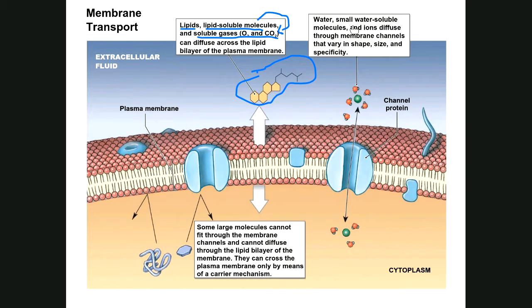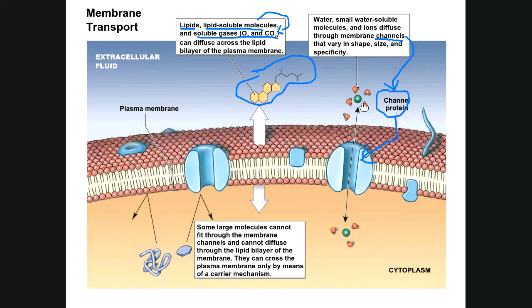However, if you look over here, water, small water-soluble molecules and ions diffuse through the membrane, but they have to diffuse through channels. These are called channel proteins. So where it says channels here, that's what they're showing you. If you follow this line here, here's an example of a channel protein. These little bitty guys here are representing our water molecules.